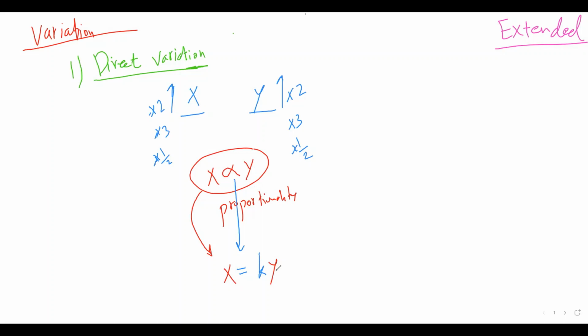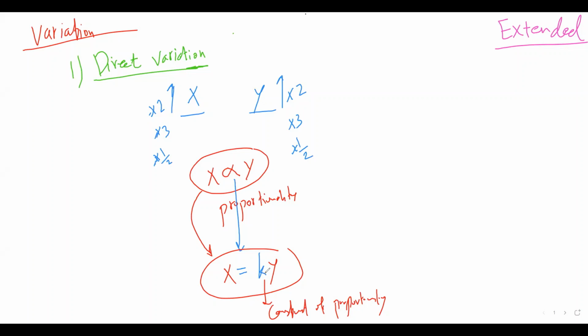Now it seems that we have made progress because this is a formula, but we have a new problem: instead of two variables, I have three unknowns. So I just made it worse. However, this K, which we call the constant of proportionality, you can find a value for if a condition is provided to you.